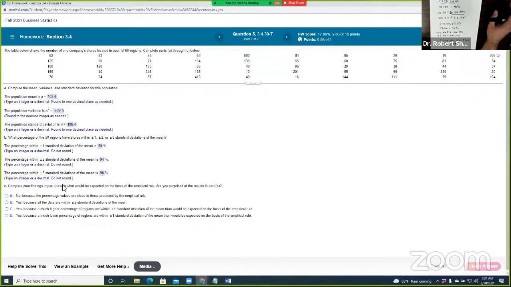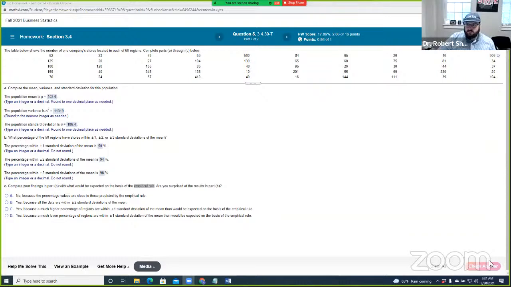Okay, the last question I'll let you do because it's an interpretation. Now, remember, this is really talking about the empirical rule. And the empirical rule is, look, the first standard deviation empirically should be around 68%, and we got 90%. Yeah, the first standard deviation, we got 90% in reality, but theoretically, it should have been closer to 68%.